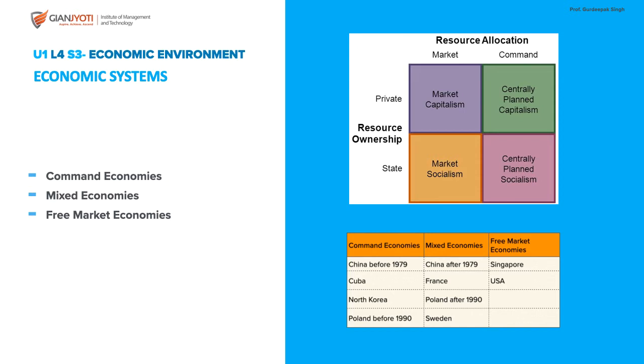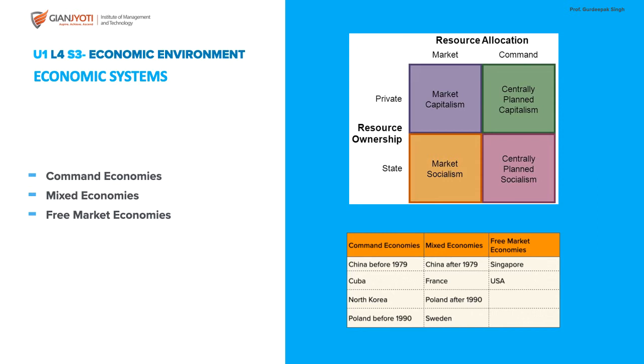You might be hearing a lot of things about North Korea because it is a command economy. So it is owned by the state and is commanded. Everything, resource allocation, is in the hands of the state. Poland before 1990.